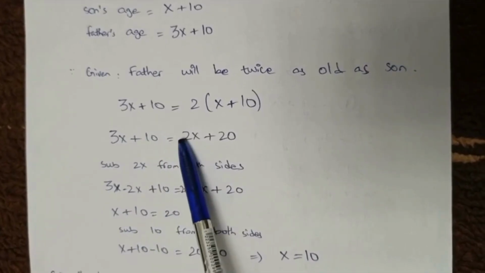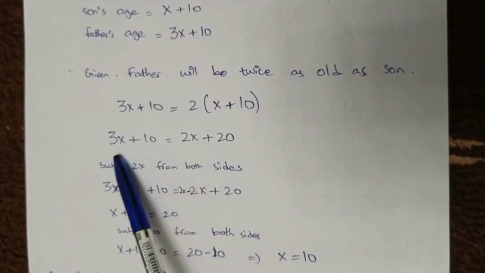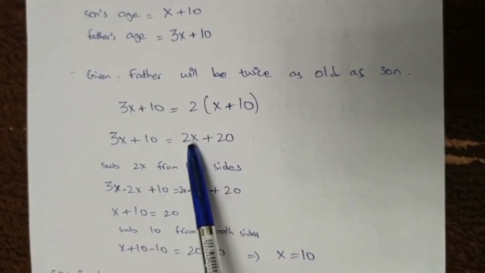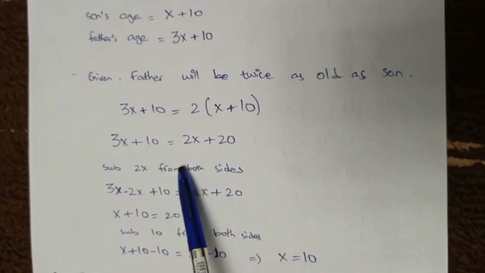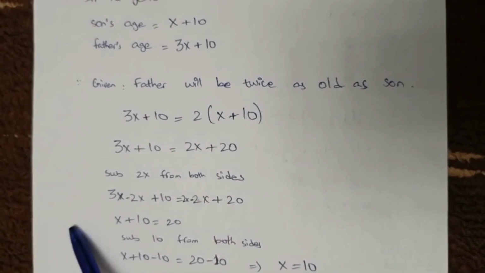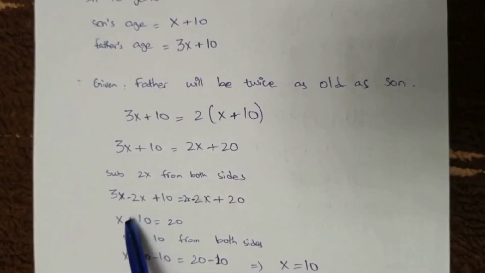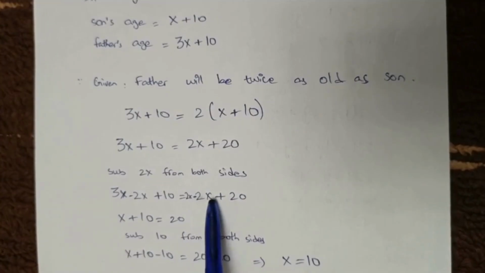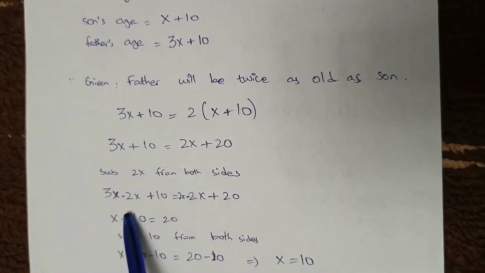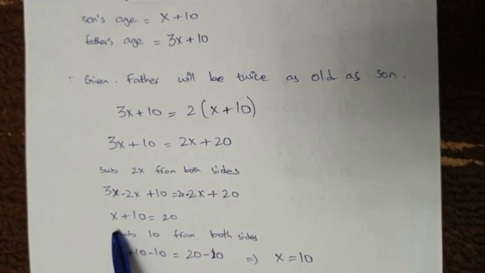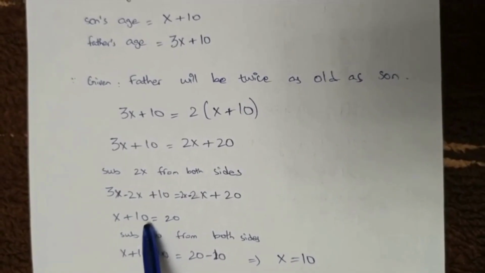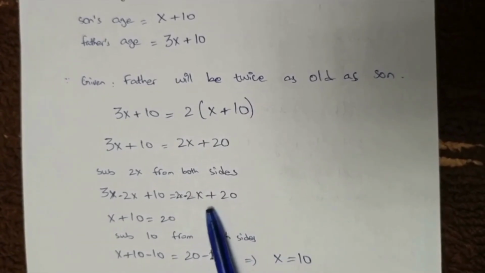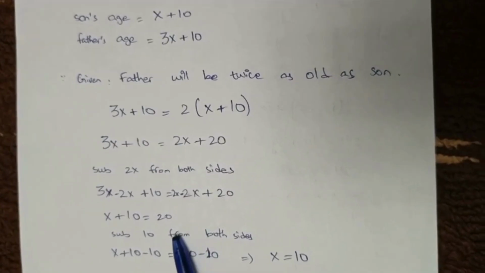To get rid of 2x from over here, because we need the variable on only one side of the equation, we subtract 2x from both sides, right? So 3x minus 2x plus 10 is equal to 2x minus 2x plus 20. 3x minus 2x is x, and plus 10. 2x minus 2x is 0, and we write 20.